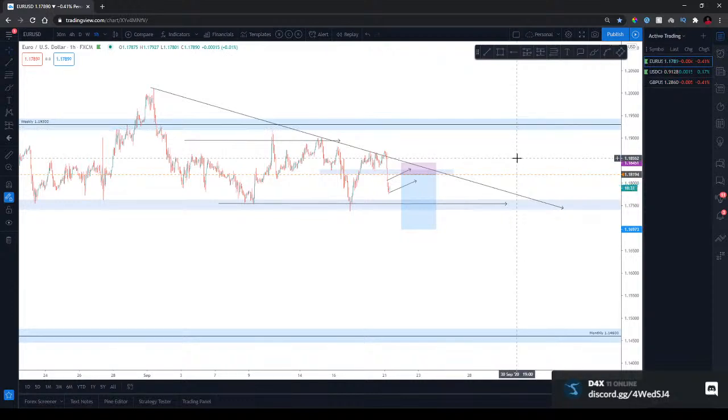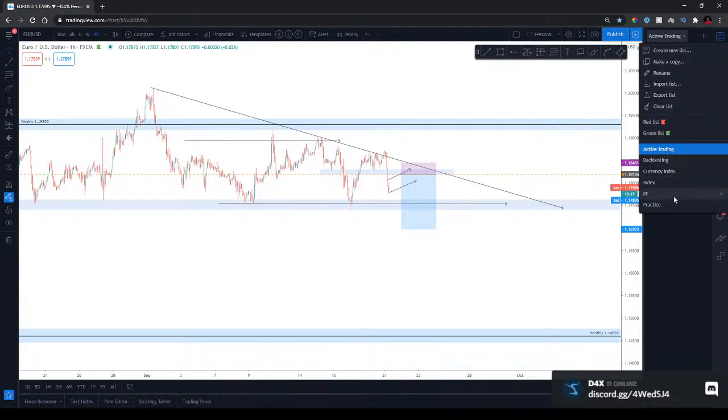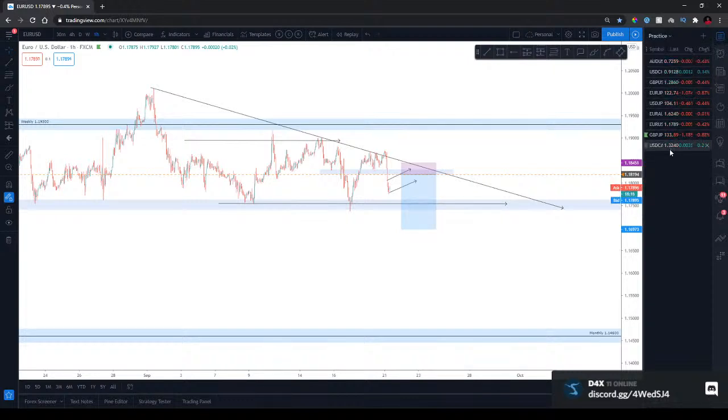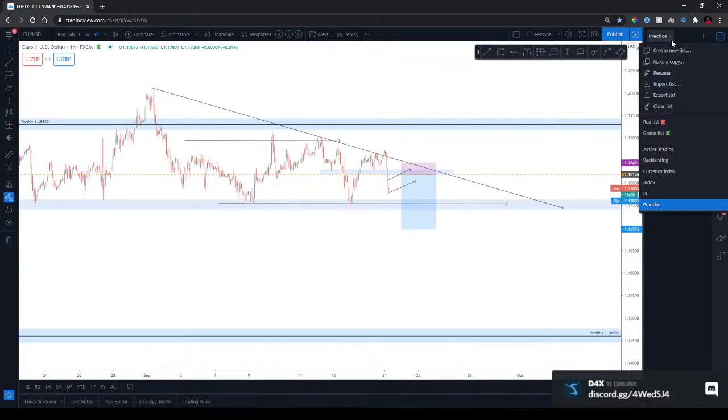Alright, but those are my 3 pairs I'm paying attention to pretty much for the rest of the month. Like I said, I'm gonna go through and review the pairs that we've been tracking for maybe 2 months now. Gold, which I believe was gold and NAS, gold and NAS.